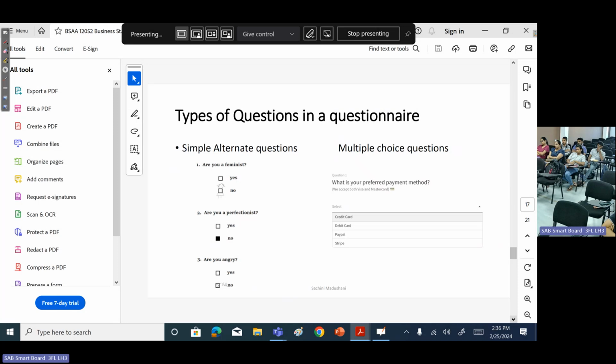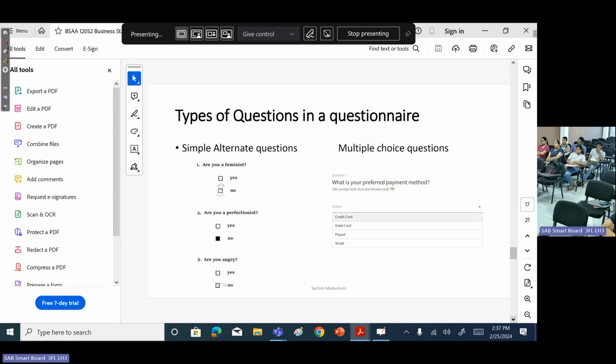Normally, in the questionnaire, we can include different types of questions. The first one is simple alternate questions. Normally the questionnaire includes yes or no questions, where you tick your answer.